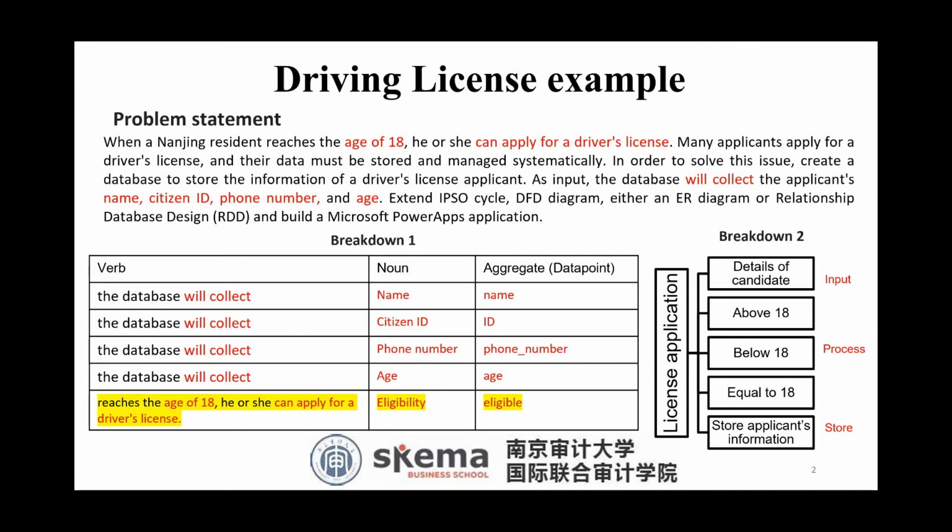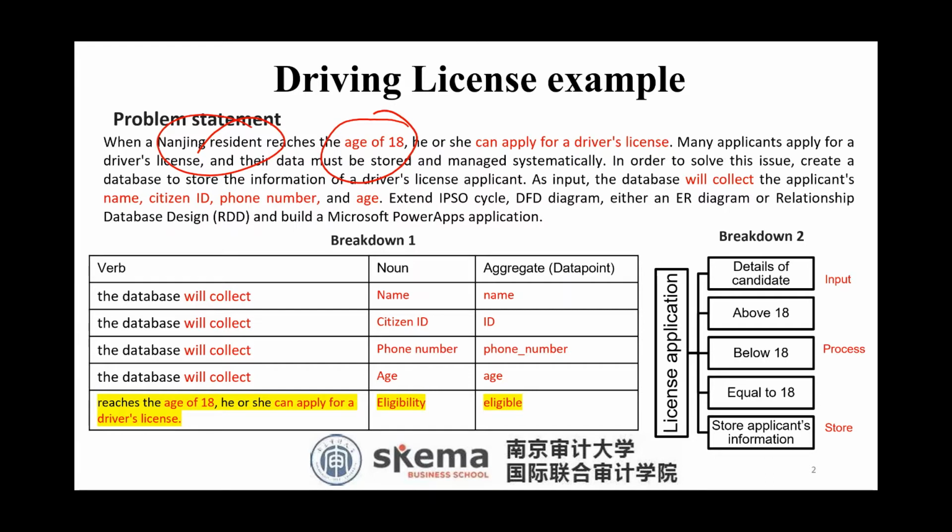So the problem statement on top of which this app is going to be built is the Nanjing resident driving license application problem that we have discussed in class quite a few times. The basic idea is if you're aged above 18 in Nanjing, you can apply for a driver's license, but to apply you need to fill a form which contains name, citizen ID, phone and age.